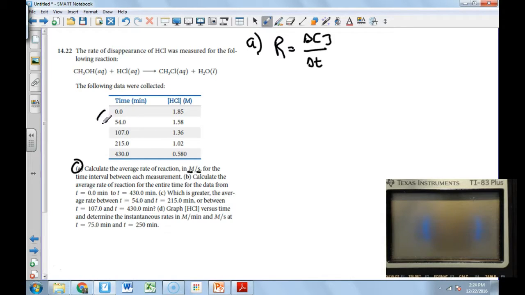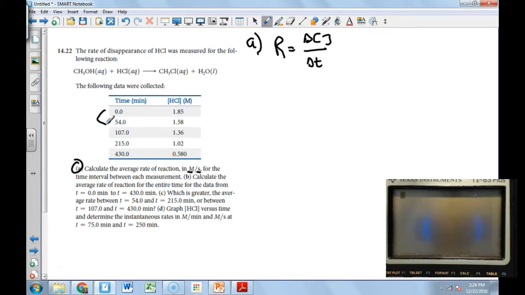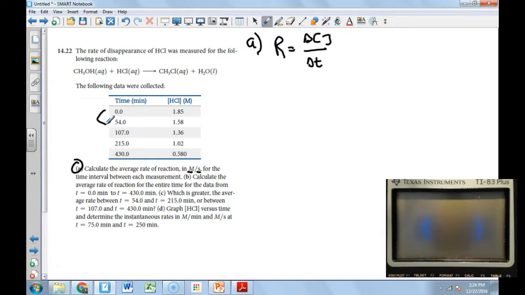So this interval is 54 minutes times 60 seconds in a minute, which is 3,240 seconds. And what's the change in concentration? Well, 1.85 minus 1.58, and that's 0.27.